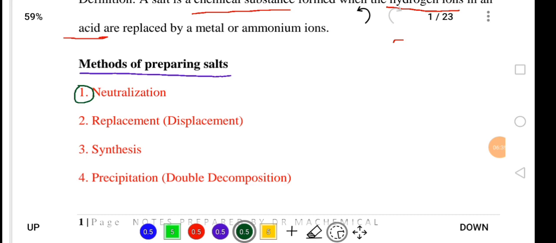In future, we are going to discuss the replacement or displacement method, then the synthesis method, and lastly precipitation or double decomposition. So for today I am going to explain how salts are prepared using the neutralization method.